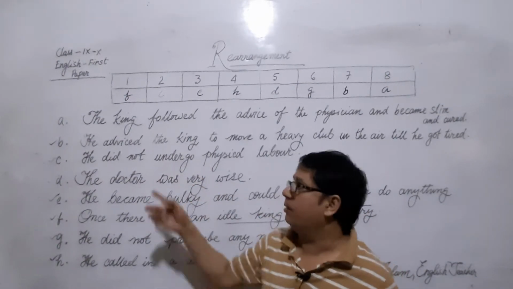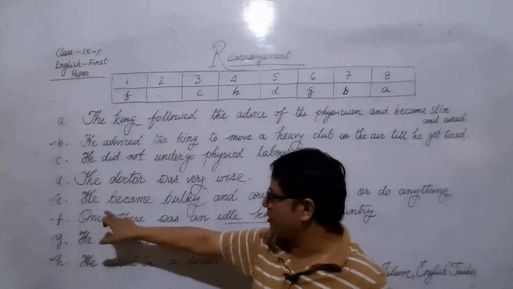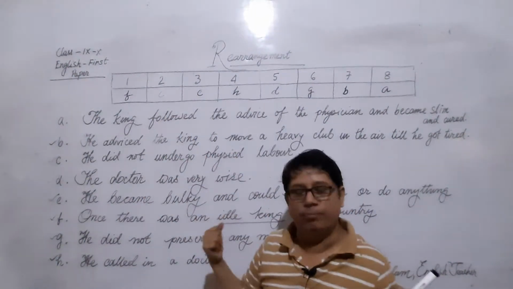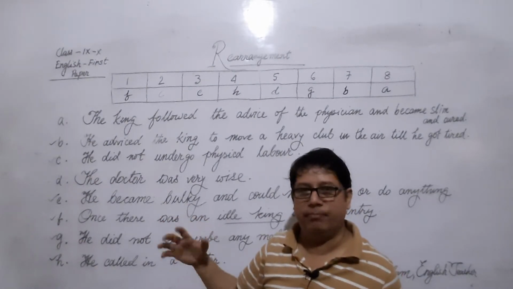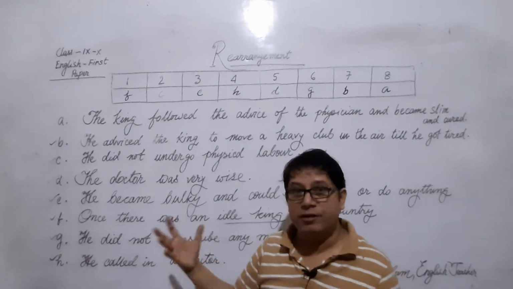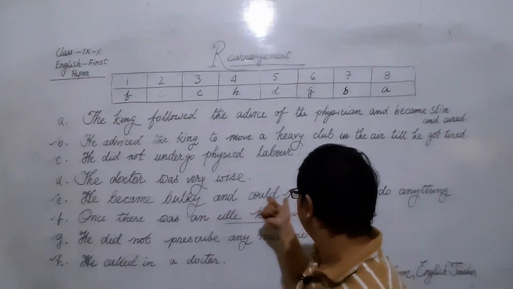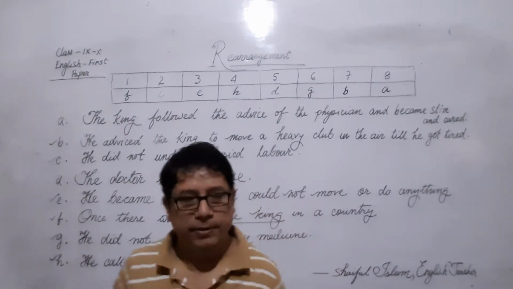The problem arises from this sentence. So the E number sentence comes, he became bulky. So the problem arises. The problem gets much larger than before. Bulky and could not move easily.